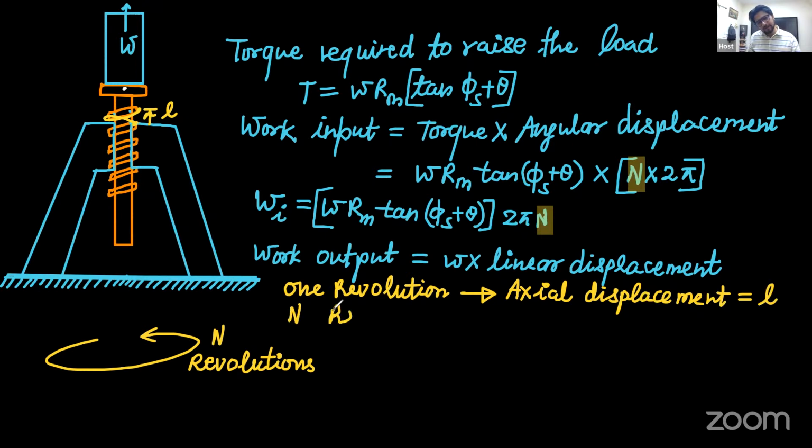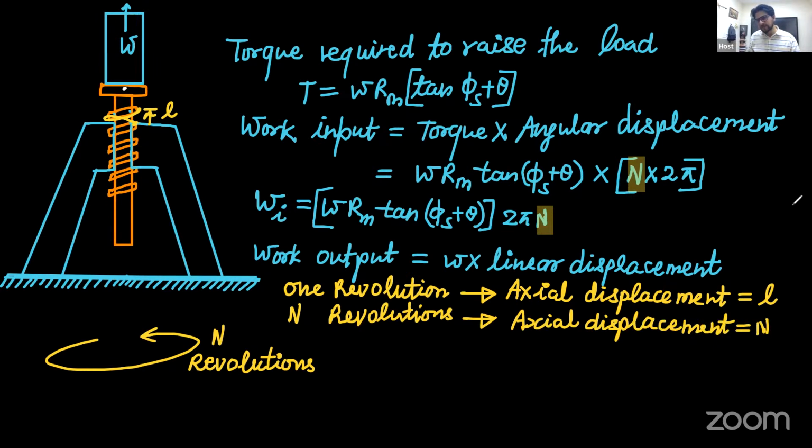Then in n number of revolutions, axial displacement would be n multiplied by L.